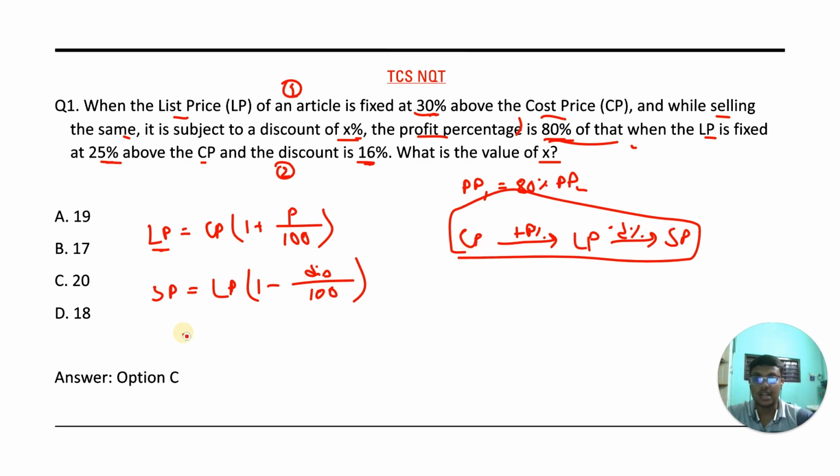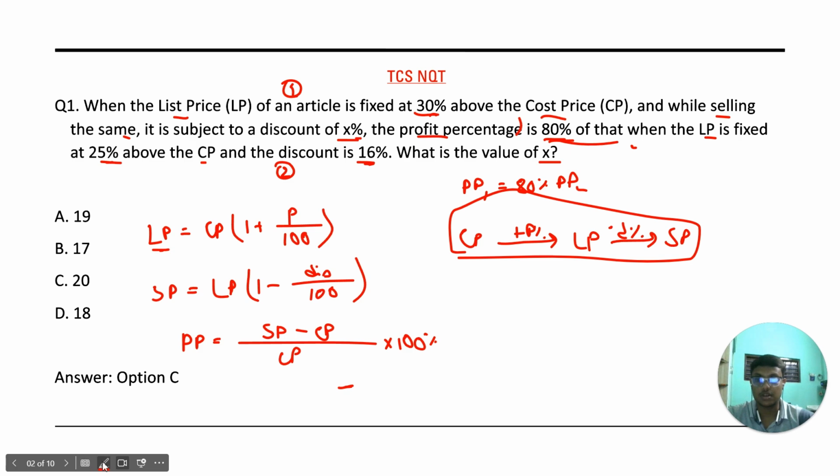Next, the last term that has been used is profit percent. I hope all of you know this. Profit percent can be calculated as the ratio of selling price minus cost price by cost price into 100%. So if you all got this, we would be moving on to the solution now.